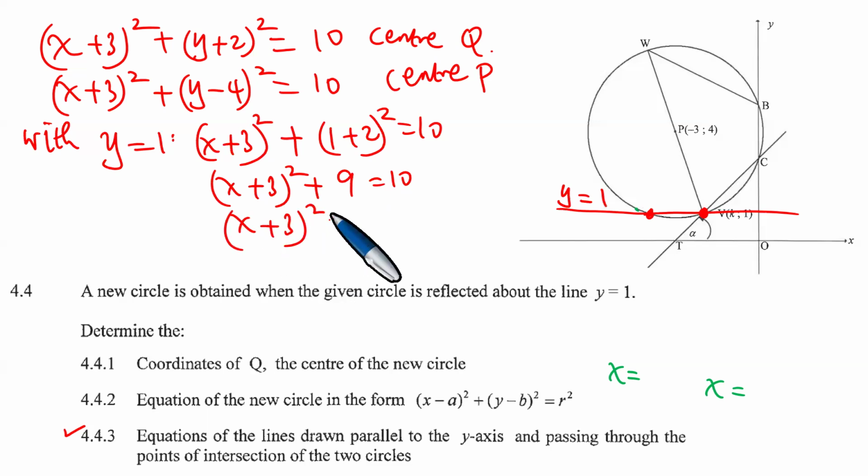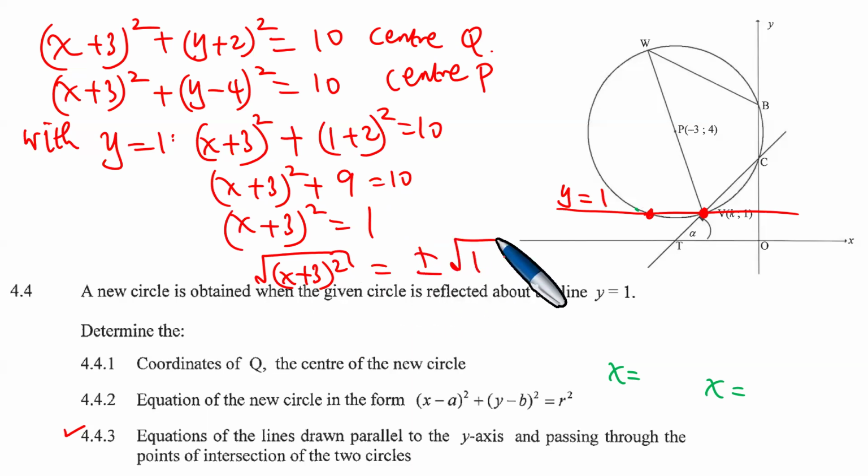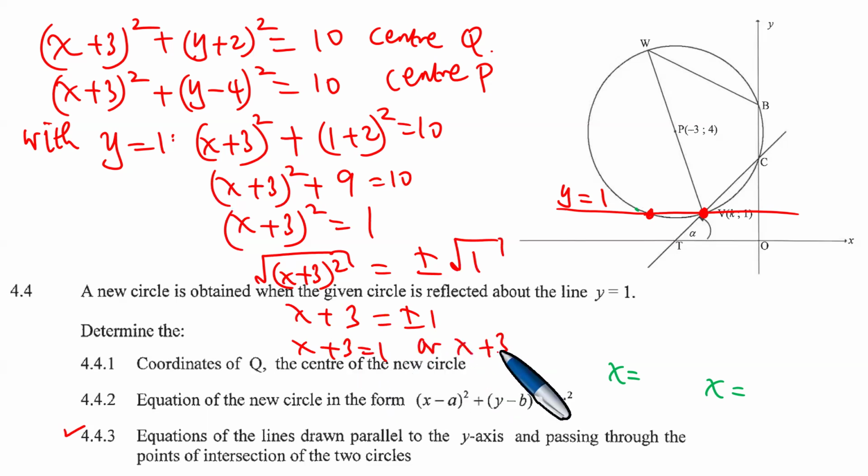X plus 3 squared equals 10 minus 9, which is 1. So which means that if you take the square root, x plus 3 equals plus or minus 1. X plus 3 is 1, or x plus 3 is minus 1, which means x is minus 2, or x is minus 4.